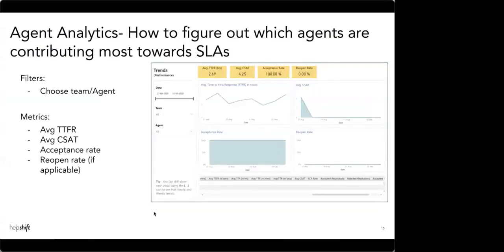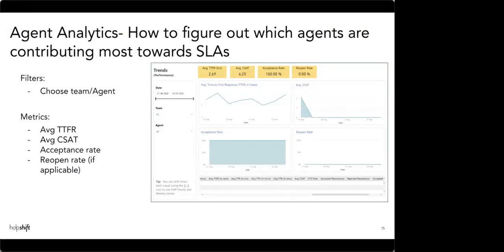How to figure out which agents are contributing most towards your SLAs. In order to answer this question in different ways, you can use this report or dashboard. This report features trends in agents' performance by averages, including average time to first response, CSAT, acceptance rate, and reopen rates.